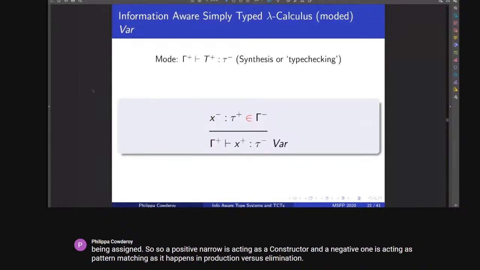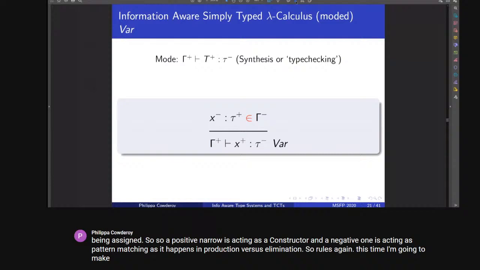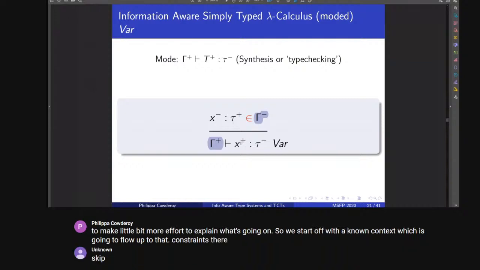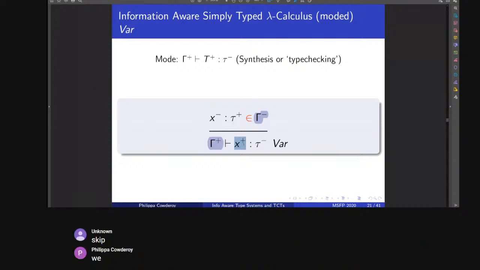So, rules again. This time I'm going to make a little bit more effort to explain what's going on. So, we start off with a known context, which is going to flow up to that constraint there. We also know the variable we're starting with.